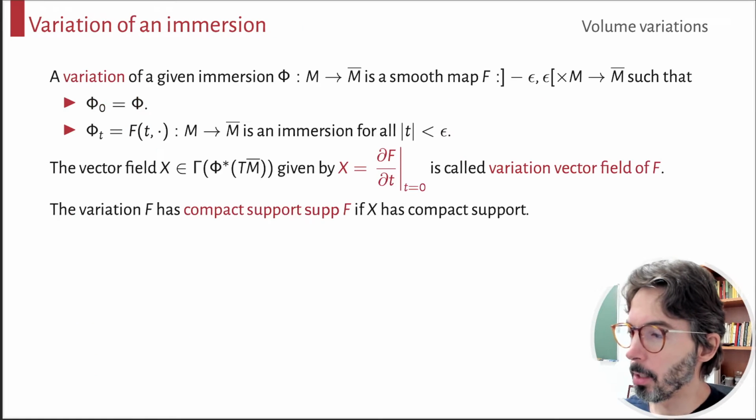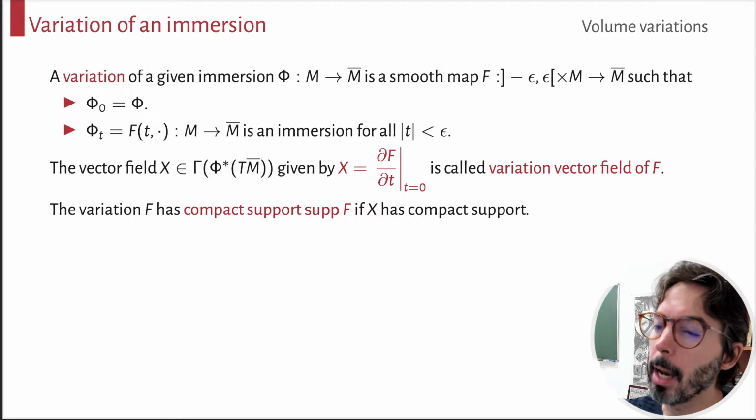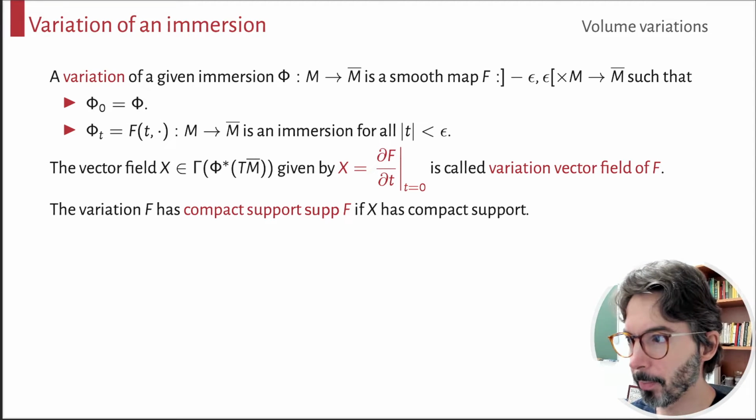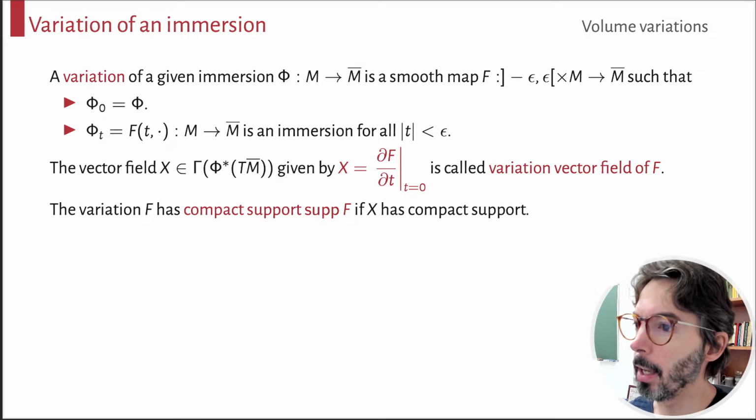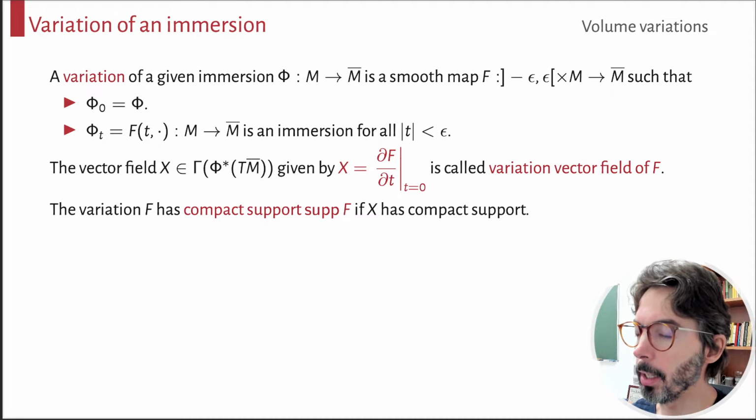Okay, so what is a variation of an immersion? So a variation is just a smooth map F defined in a small interval around 0 times the manifold M, such that at the initial value 0 we've got the initial immersion, and for every t we've got an immersion.